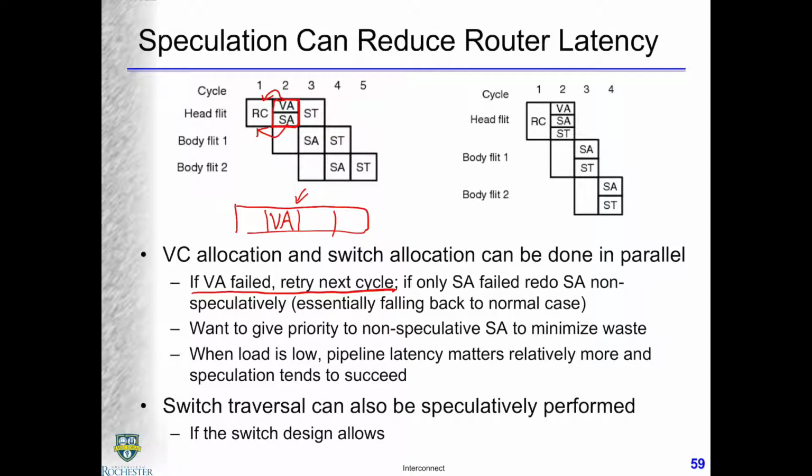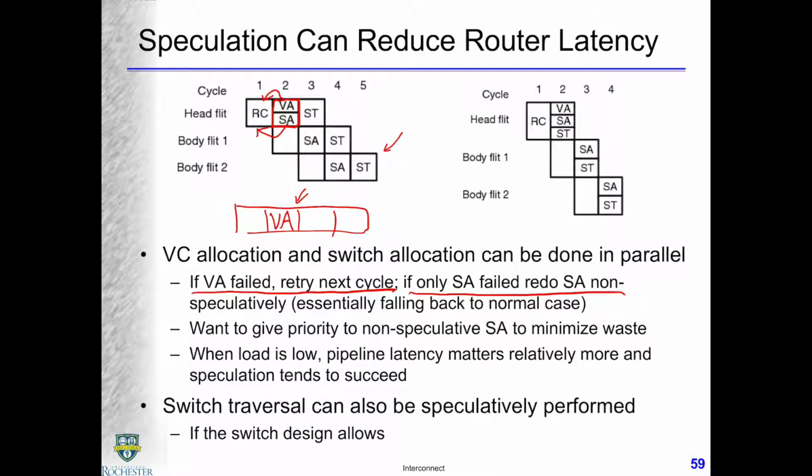You think you're going to use it, you may not. It's also possible that your SA failed, in which case you're reverting back to the normal sequential execution. You did your virtual channel allocation successfully, but you didn't get the switch. So next cycle, you're going to repeat switch allocation. If you do that, you can cut the router to a best case scenario of 3 cycles.